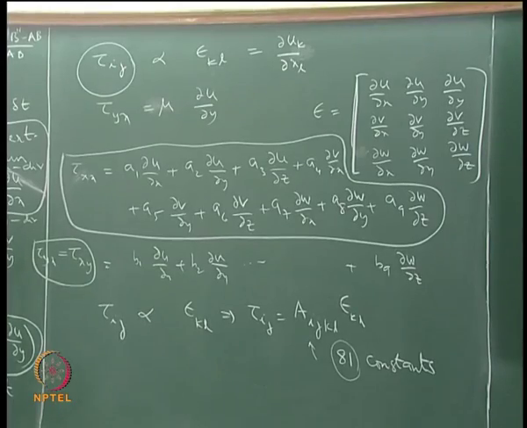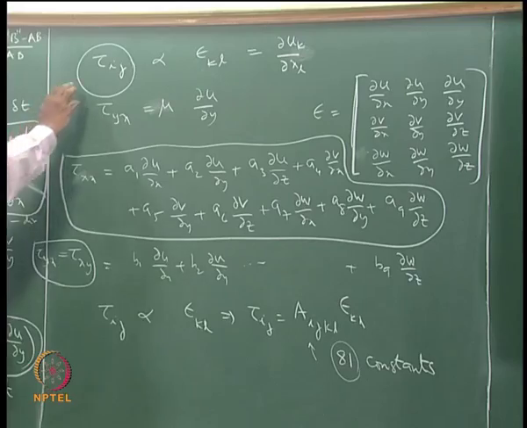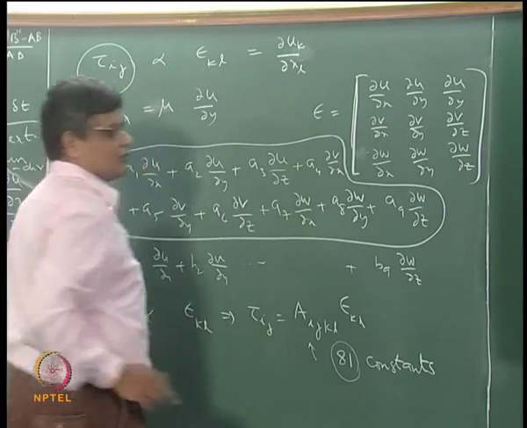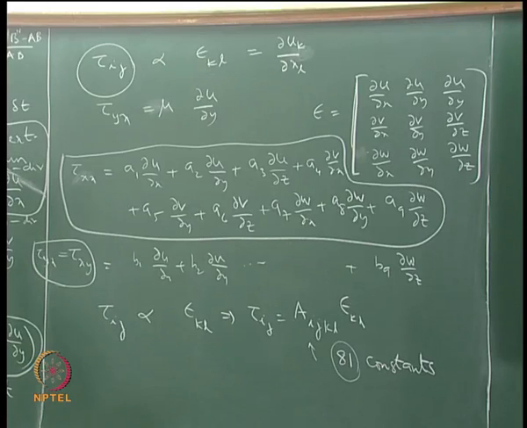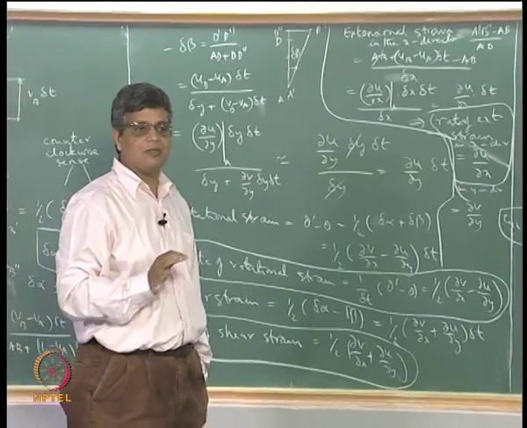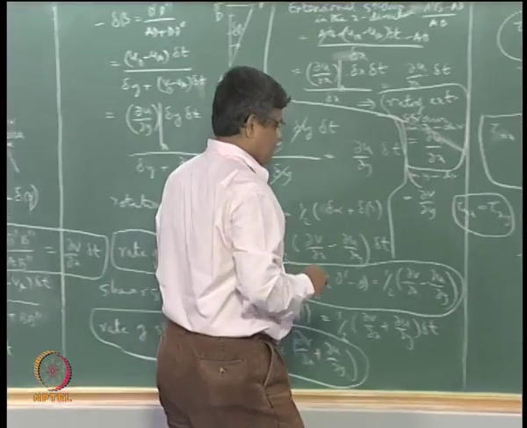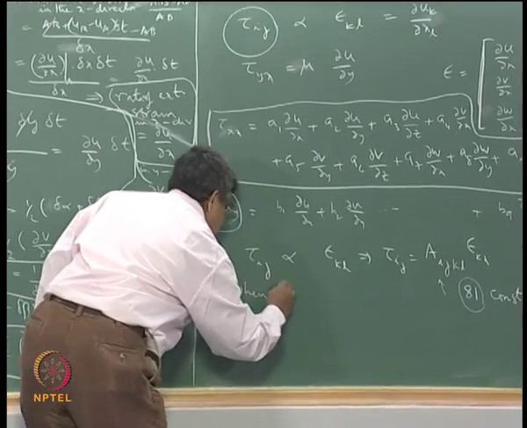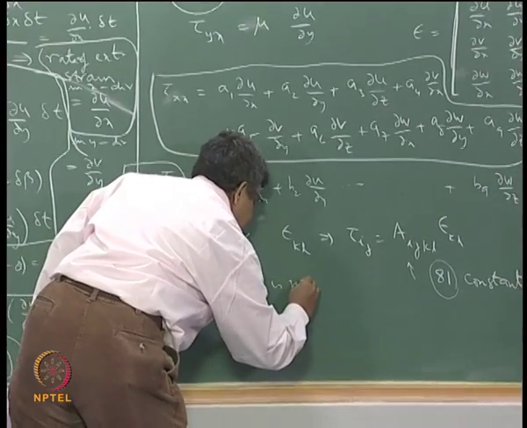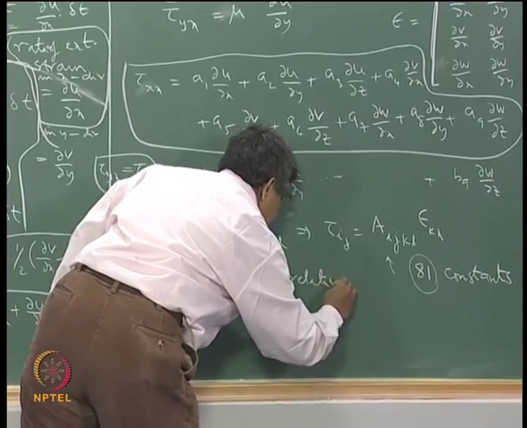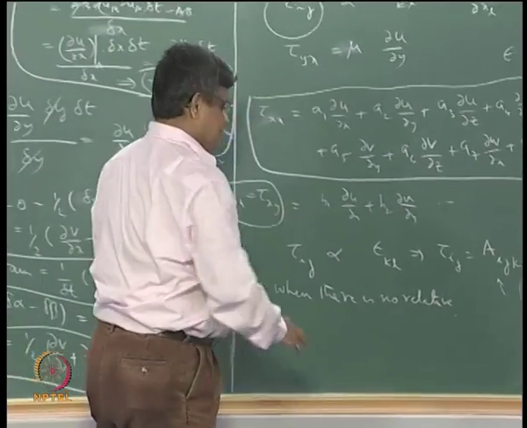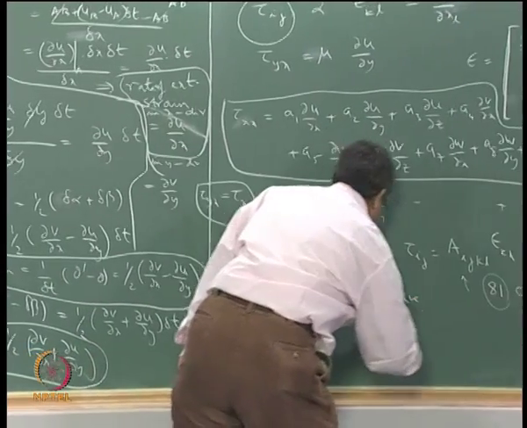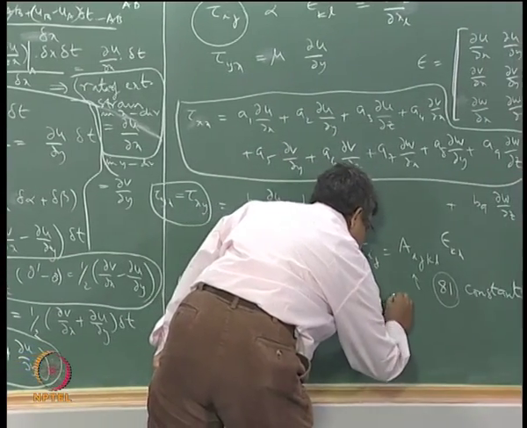And the other thing is that while the stress tensor is symmetric, the strain rate tensor here is not necessarily symmetric. Okay, but we can make certain assumptions. We can make the assumption that under hydrostatic condition, that is when there is no relative motion, then the viscous stress is equal to 0.